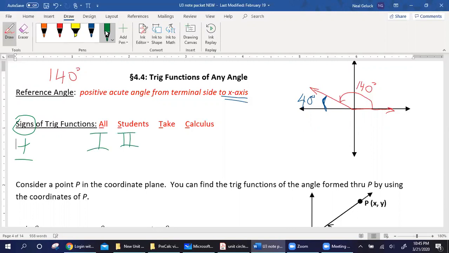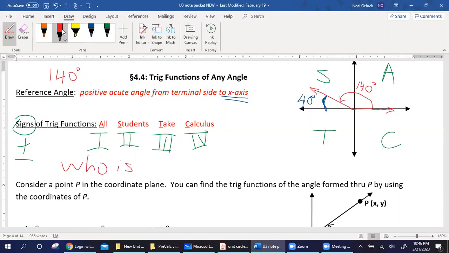Students will be in quadrant 2. The T will be in quadrant 3. Calculus C will be in quadrant 4. So all students take calculus. What this tells me is who is positive.